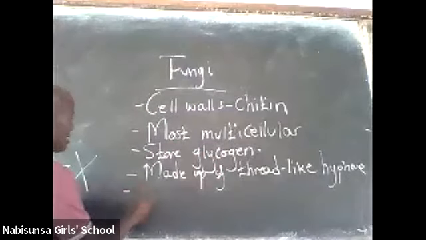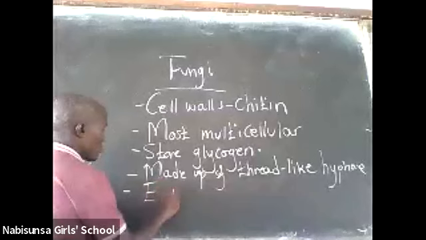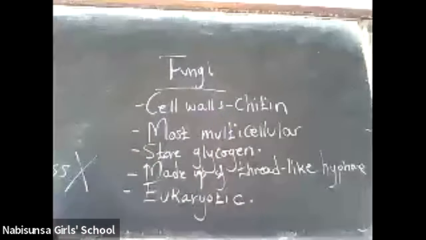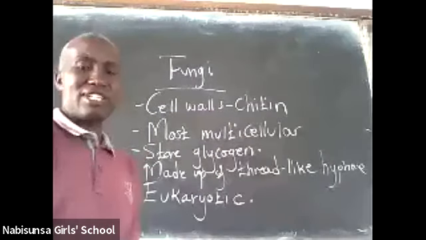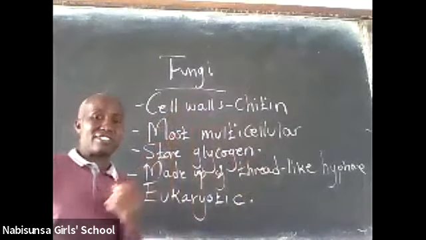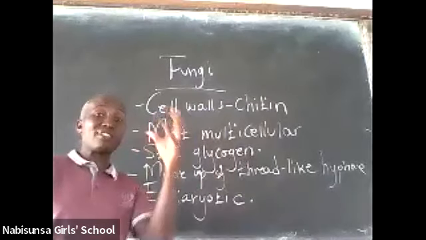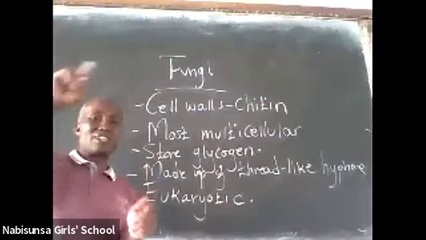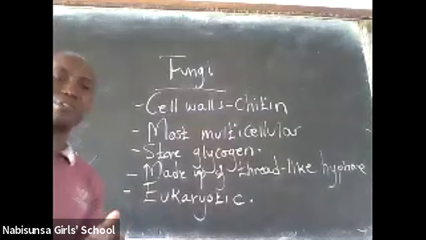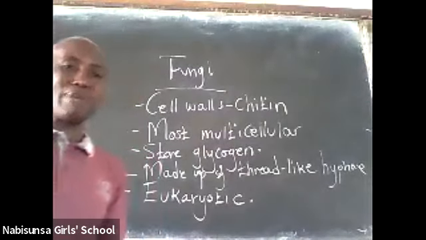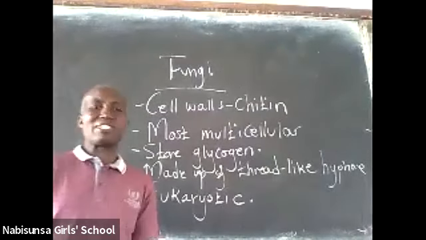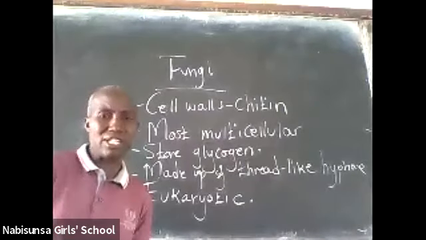Eukaryotic means they have cells that have a distinct nucleus, a nucleus that is enclosed by a nuclear membrane. Their genetic material is enclosed by a nuclear membrane. So those are some of the characteristics of the fungi that we can look at.